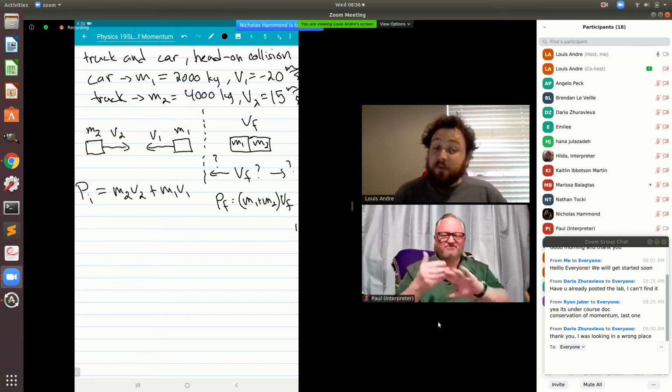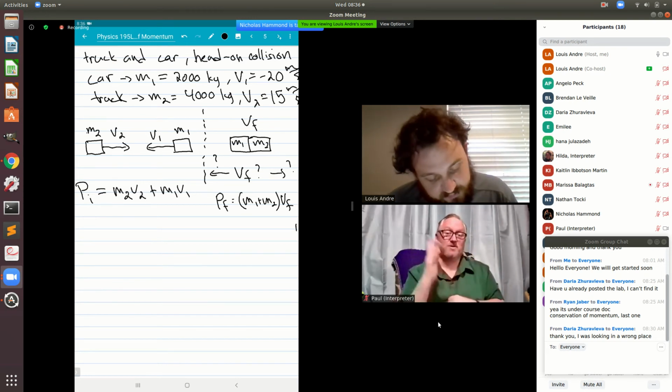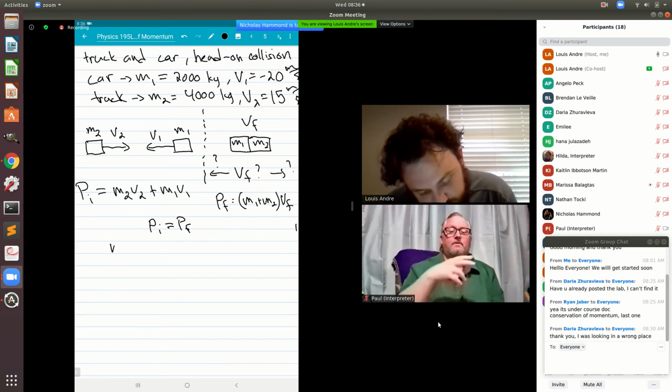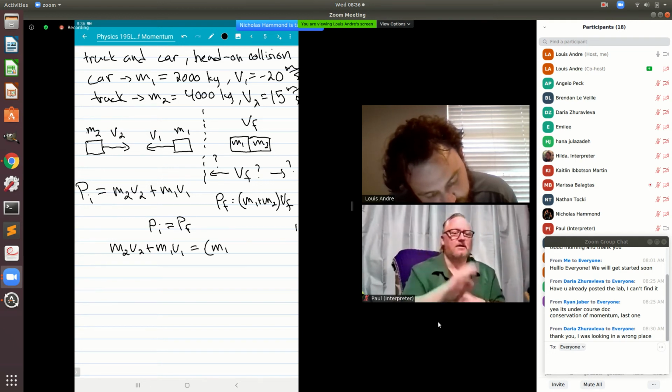I'm going to solve this for final velocity because I want to figure out whether it's going left or right. So here we go. I'm going to have these two equal each other. P initial equals P final. And I have M2 V2 plus M1 V1 equals M1 plus M2 V final.